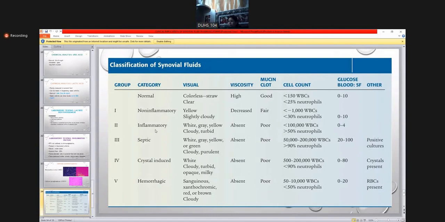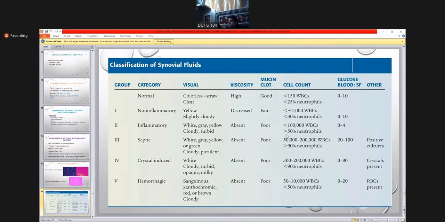Then what will be in inflammatory causes? In inflammatory there will be a white, gray, yellow, cloudy, turbid appearance, viscosity will be absent, and the clot is poor. Viscosity absent means it is more liquid. Okay? And the WBC count is less than 100,000. Now if you compare the inflammatory with non-inflammatory, here you can see in inflammatory cases less than 100,000 WBCs are present.